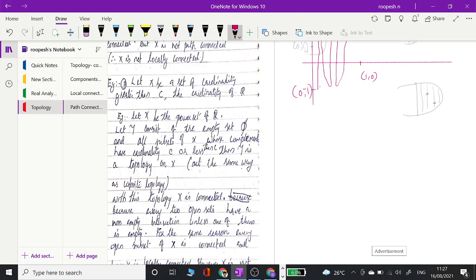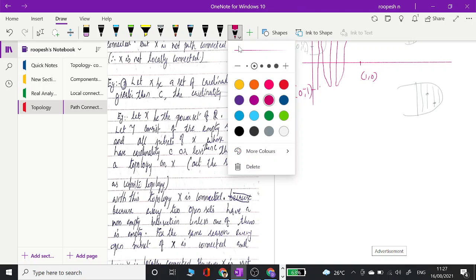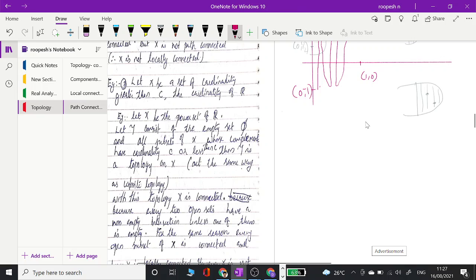Then its cardinality is greater than that of R, no? So we can have that space, right? Let tau consist of the empty set and all subsets of X whose complement has cardinality C or less than C.